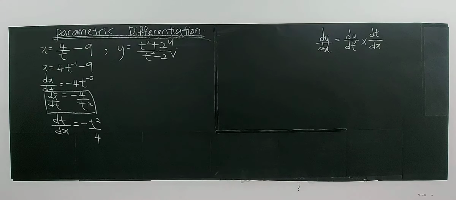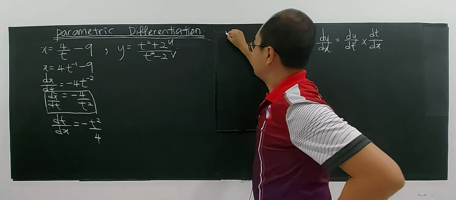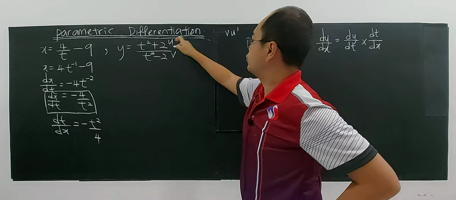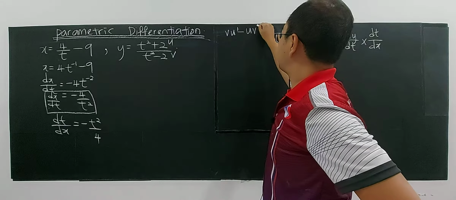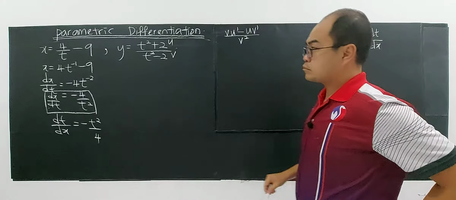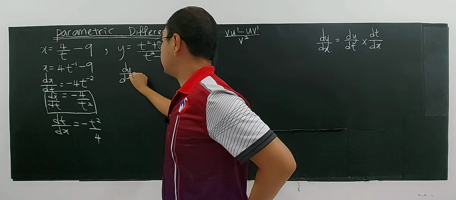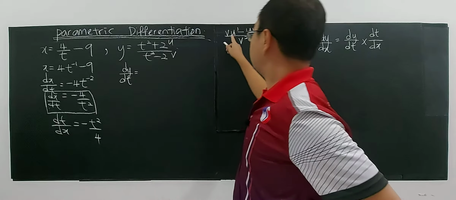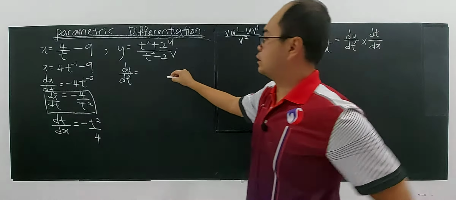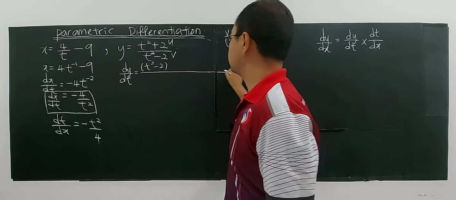Alright, let's move on with y. I want to apply the quotient rule, which is v u prime minus u v prime over v to the power of 2. So for dy/dt, v will be t squared minus 2, u is t squared plus 2.